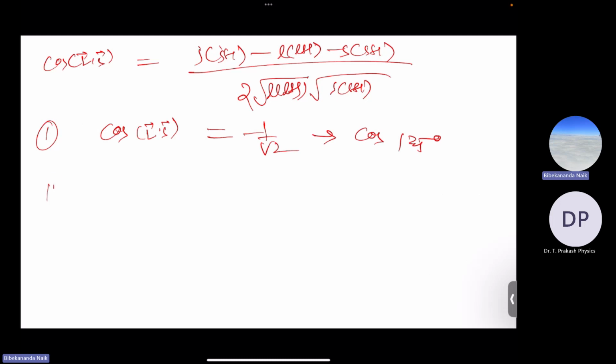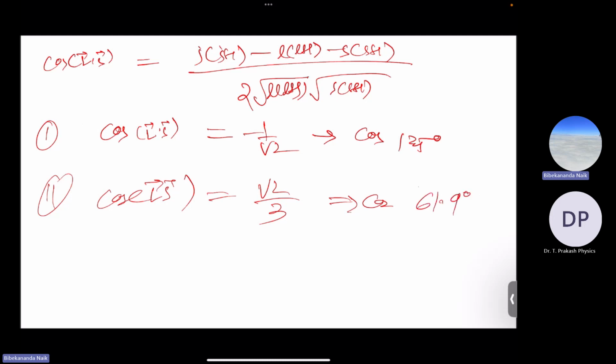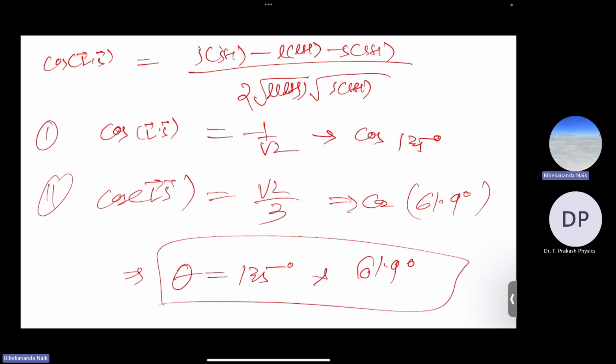Then for the second case, for 5 by 2, it will be root 2 by 3, which is cos 61.9 degrees. So the values of theta are 135 degree and 61.9 degree.